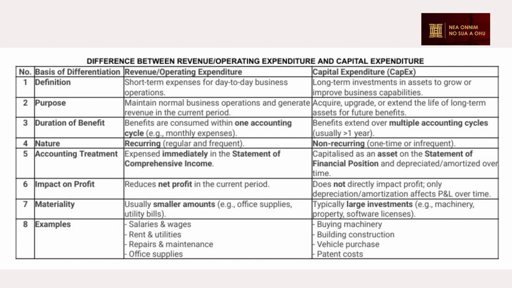So when it comes to the definition, whereas revenue or operating expenditure has got to do with expenses incurred on the day-to-day operations of the business, capital expenditure has got to do with investment into long-term assets of the company. So that's the differentiation on the basis of their definition.